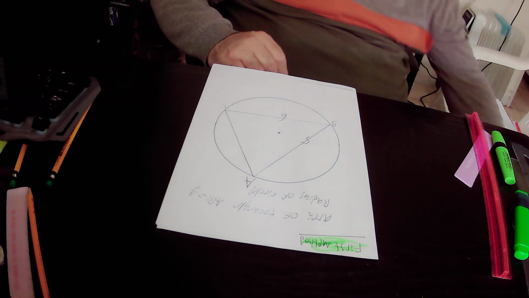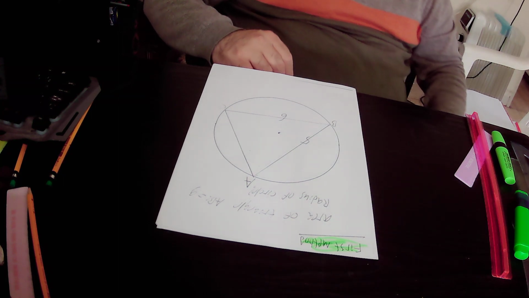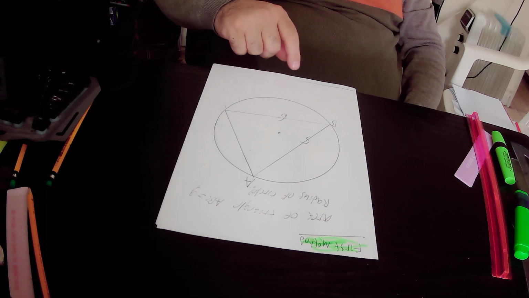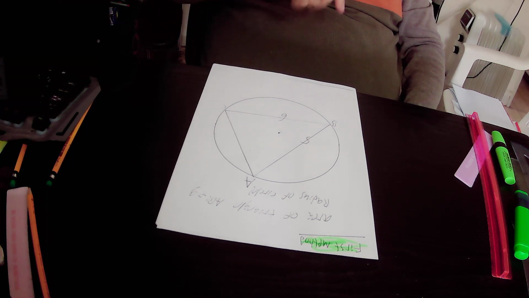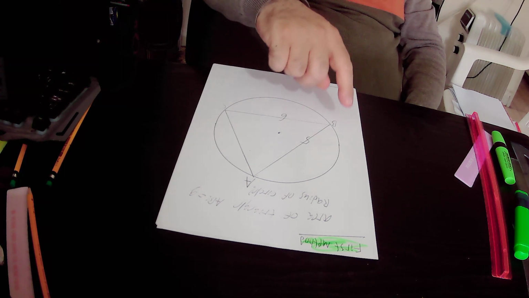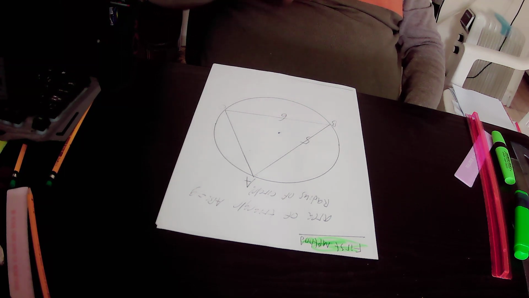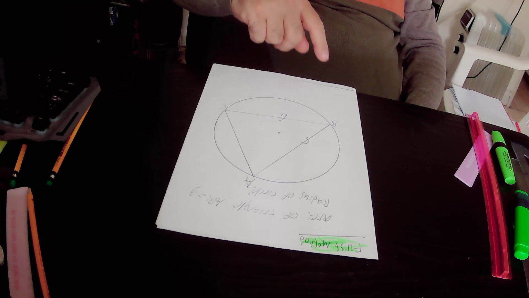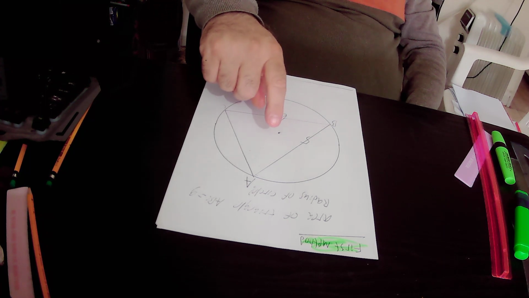Okay, so here in the drawing, this circle blocks triangle ABC. Actually, triangle ABC is inscribed by this circle. We know that the area of triangle ABC equals 9 square units. The length of side AB is 5 units.